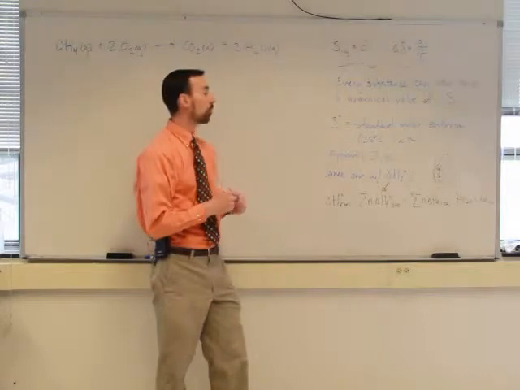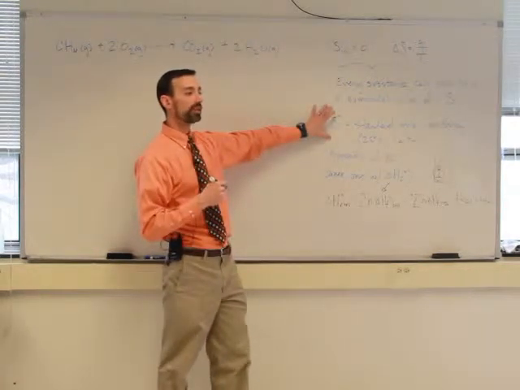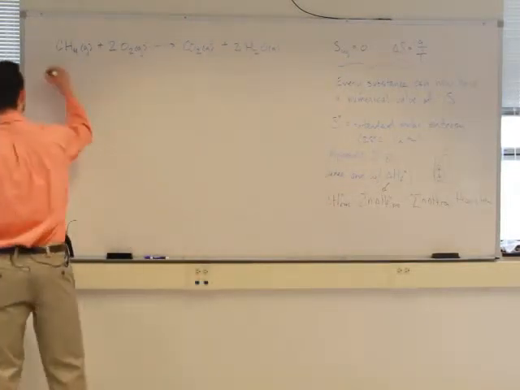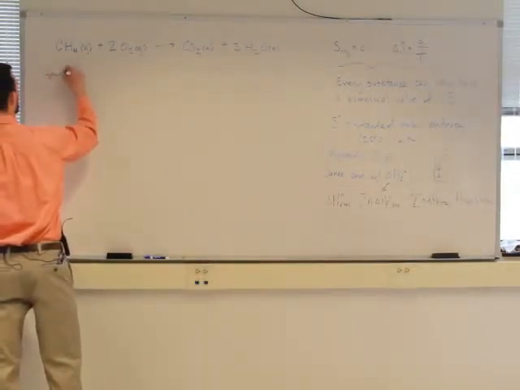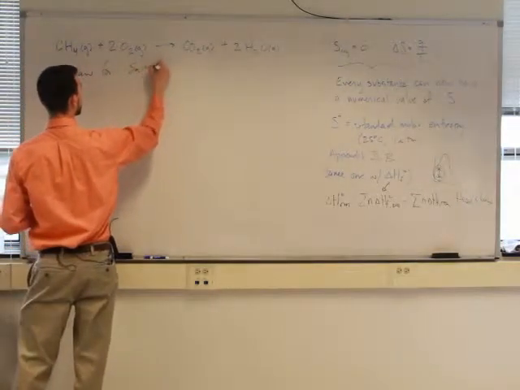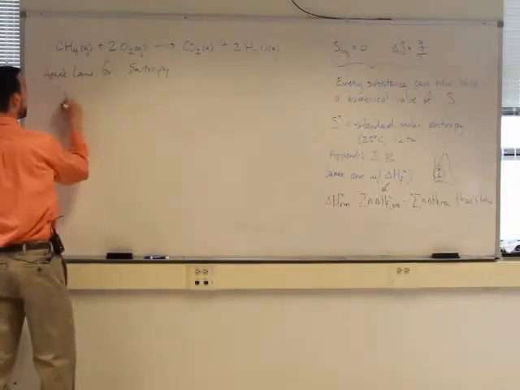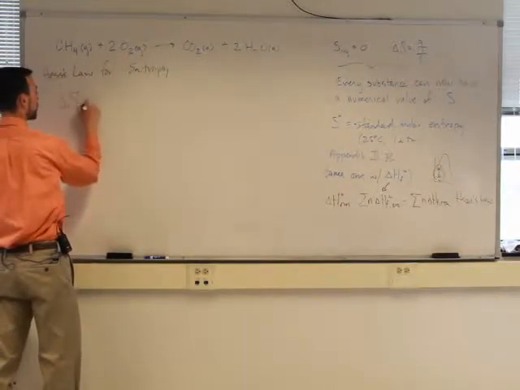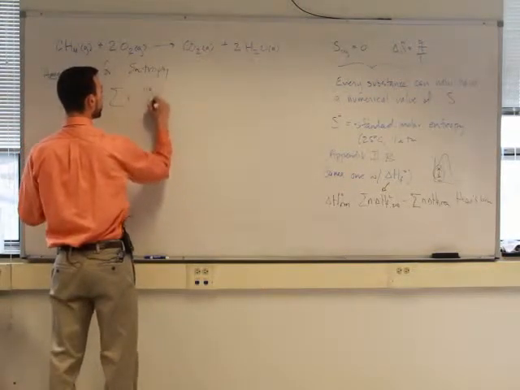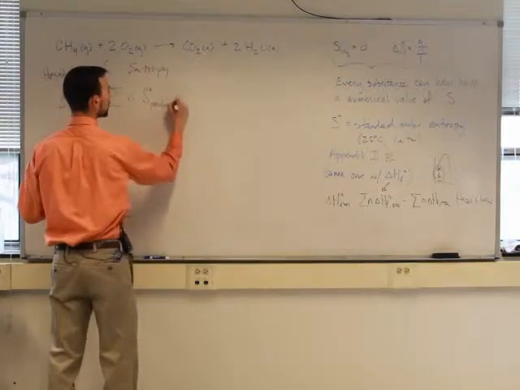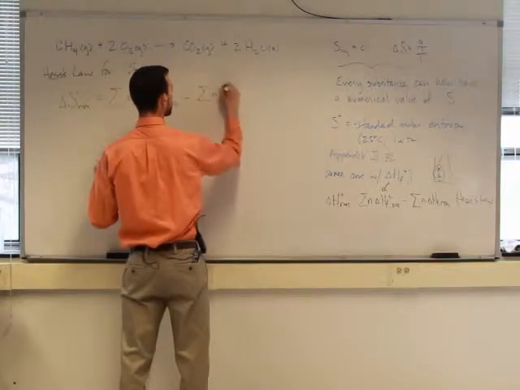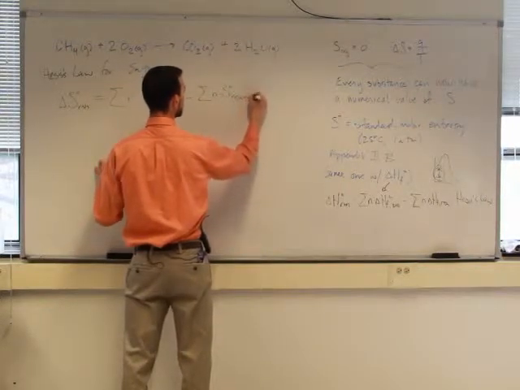Well, entropy, standard molar entropy, is the exact same way. And so we have a version of Hess's law for entropy. That says the change in entropy of a reaction is just the sum of the standard molar entropies of your products minus the sum of the standard molar entropies of your reactants.